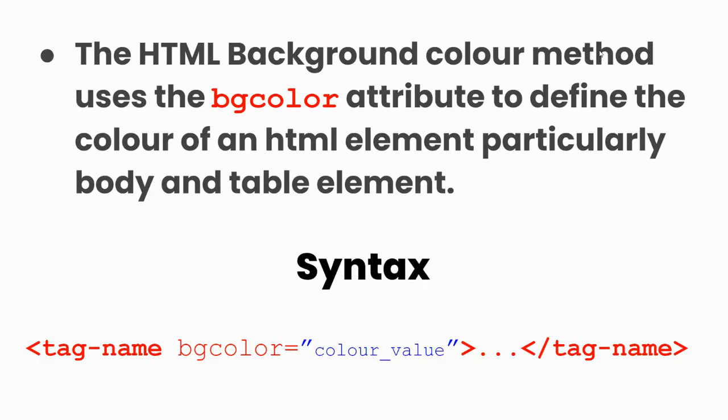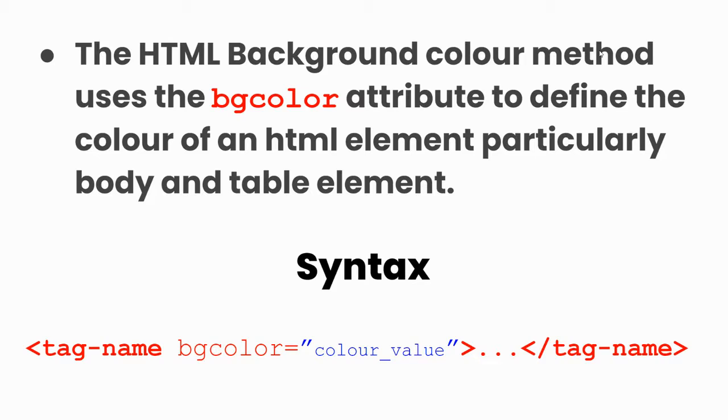So the HTML background color method uses the BG color attribute to define the color of an HTML element, particularly the body and the table elements. As I said before, the HTML background color attribute is just limited to the body and the table. By that I mean if you apply it to any other element, it's not going to work.